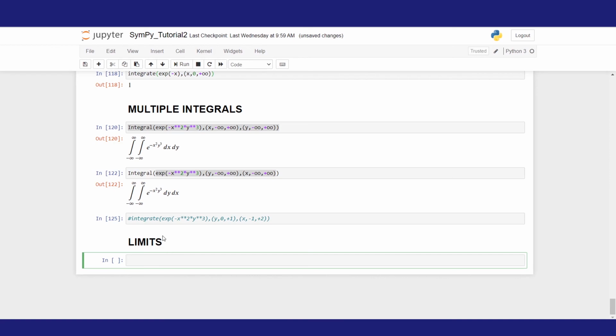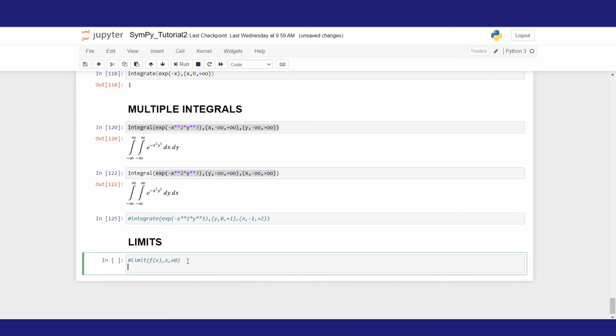In this case we write the limit of a certain function f of x, then the symbol, which is x, and then the number we need x to tend to, let's say 0. We can generally call it x naught. So this is how we are going to be writing our functions.